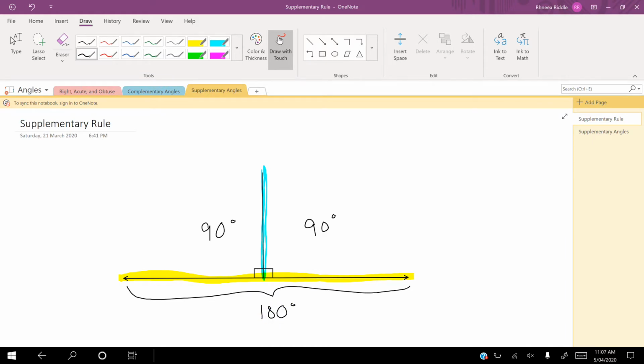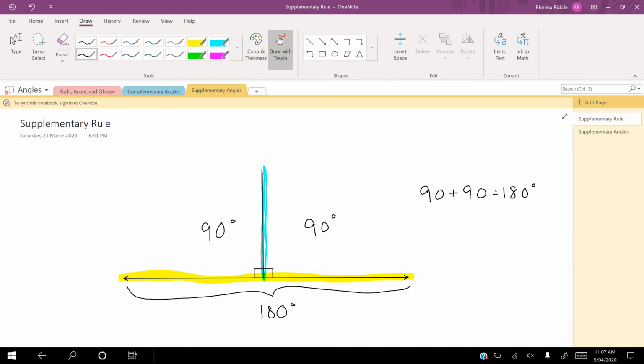Because it occurs when two 90-degree angles are put together. When you add 90 to 90, you get 180. So that's where we get this 180 degrees from. So a straight line is 180 degrees.